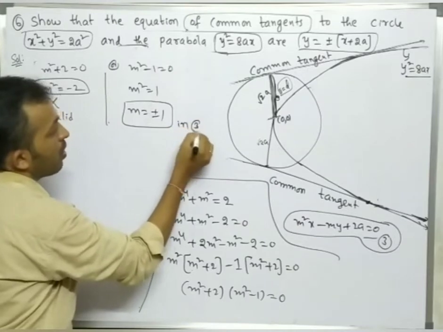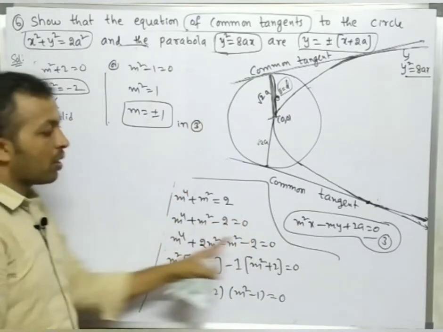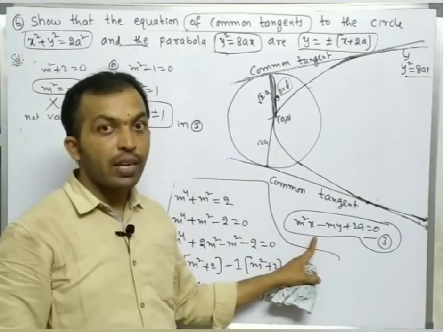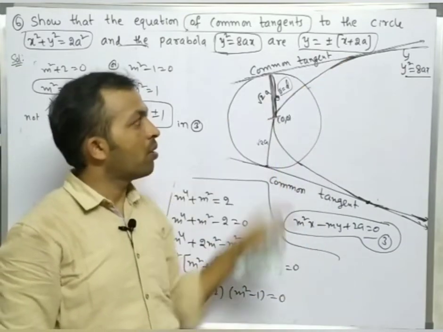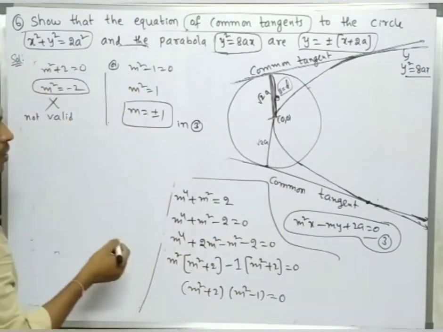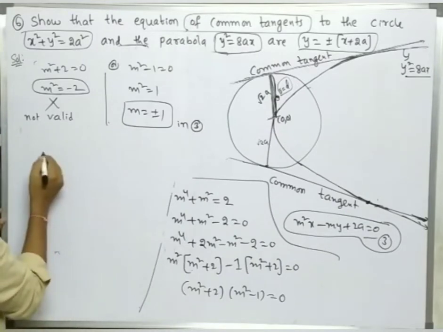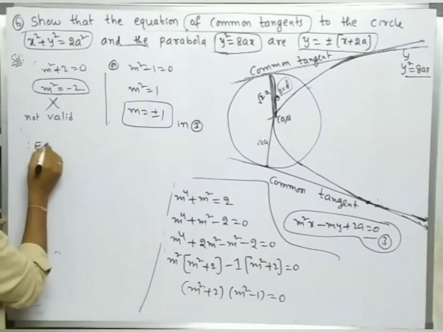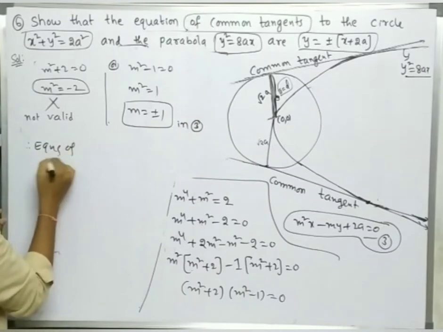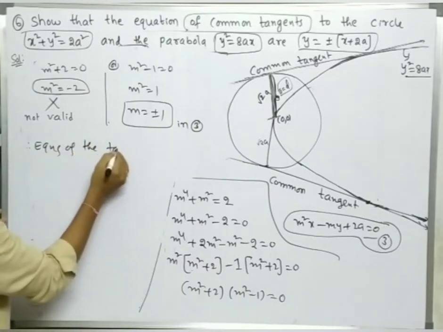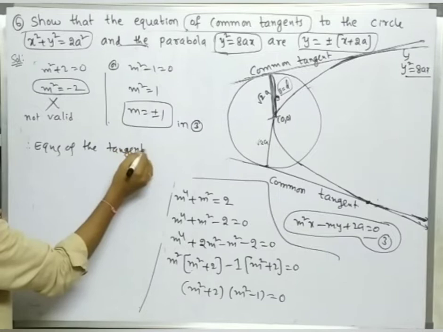Substitute in 3. What is 3? This is the equation of the tangent to the parabola, and common tangent to the parabola and circle. So substituting in 3 we will get the equation of the tangent.